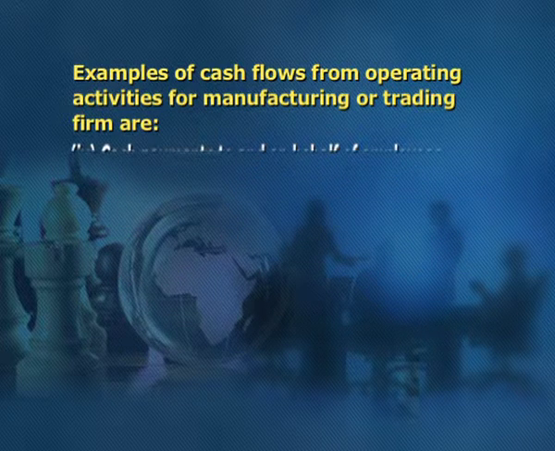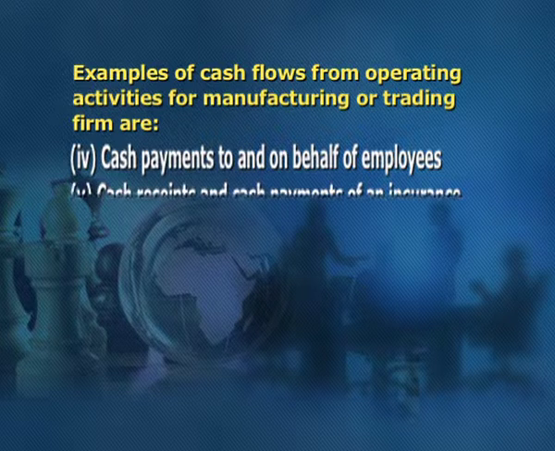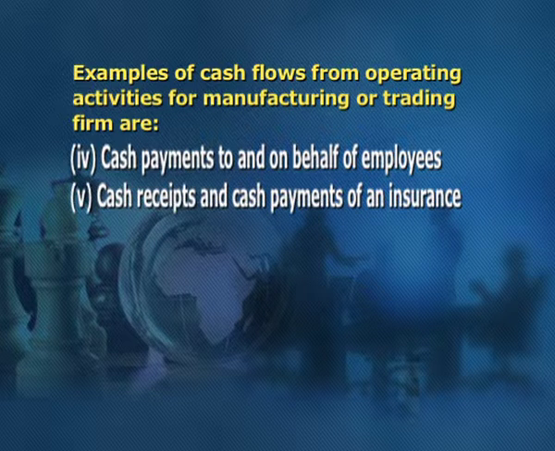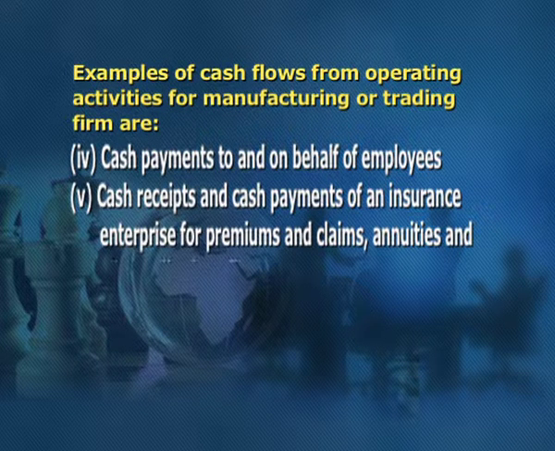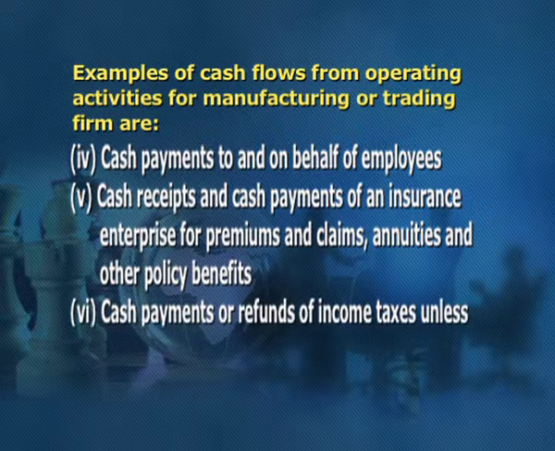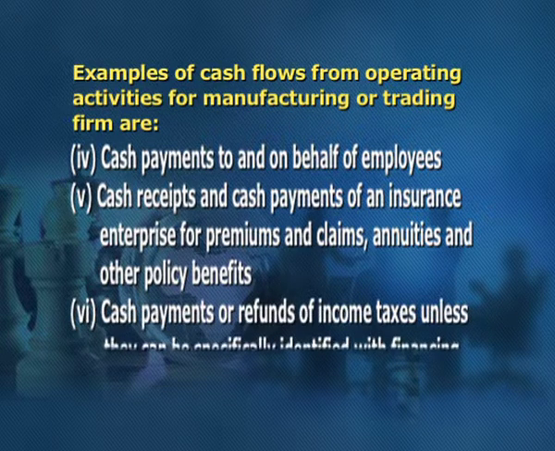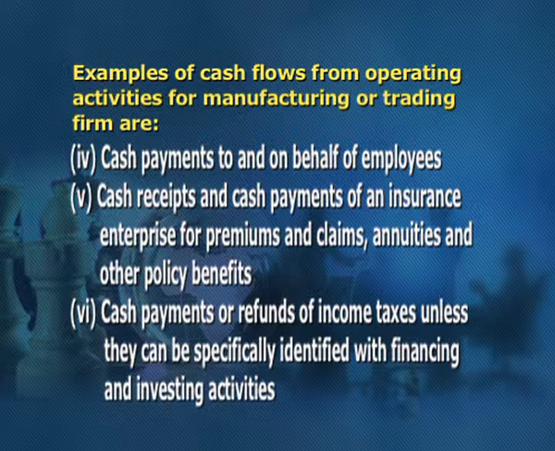Fourth, cash payments to and on behalf of employees. Fifth, cash receipts and cash payments of an insurance enterprise for premiums and claims, annuities and other policy benefits. Sixth, cash payments or refunds of income taxes unless they can be specifically identified with financing and investing activities.